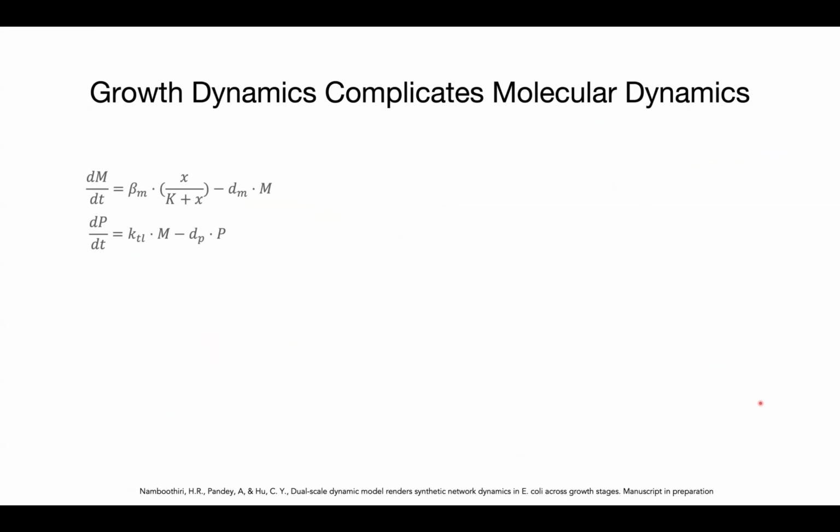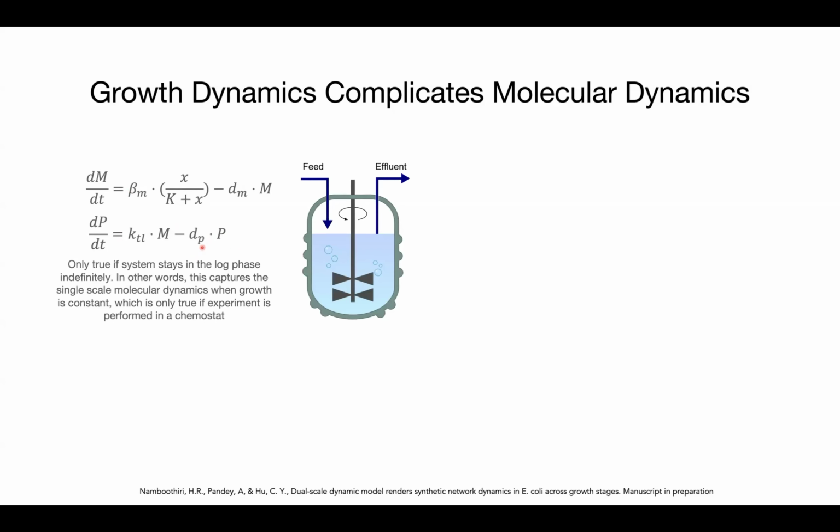What really happened, I tried to understand, is that when I looked at these equations, you see that we're assuming that the production rate, degradation rate, translation rate, and the dilution rate of protein are just constant. That means that over time, these rates never change. And this is only true if the system stays in the log phase indefinitely.